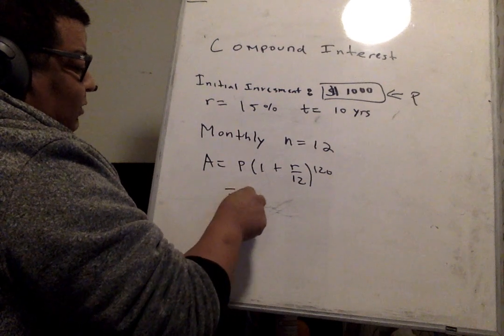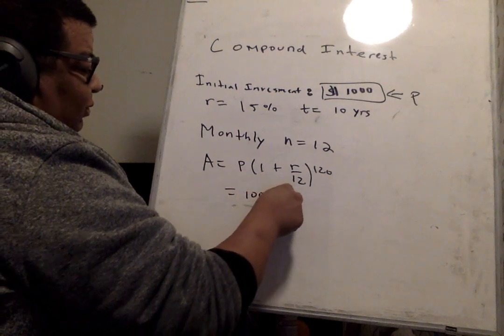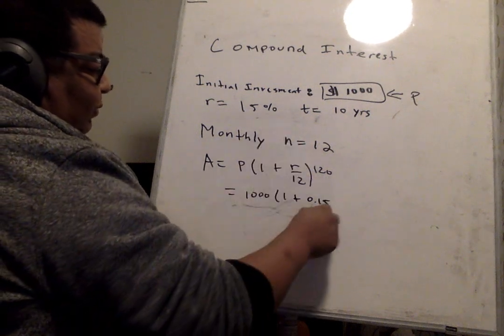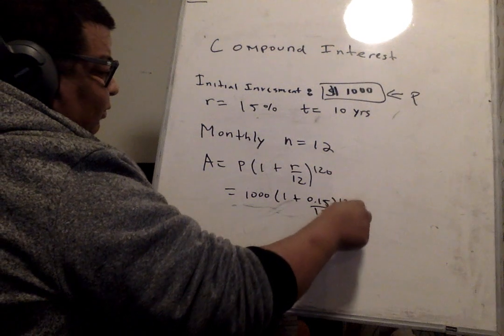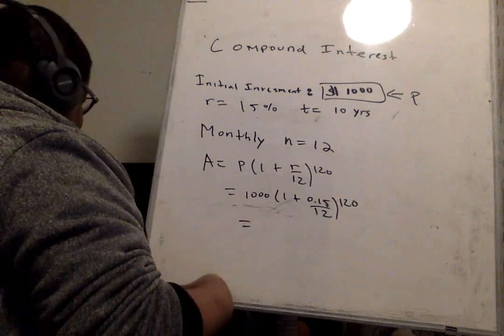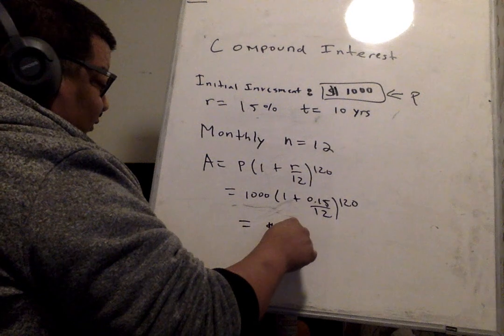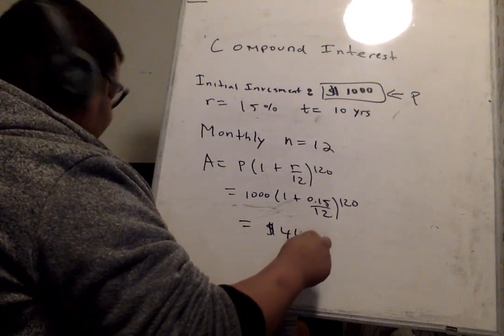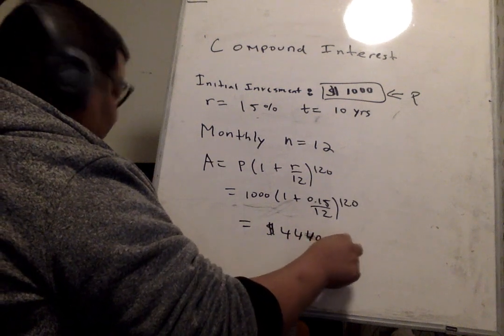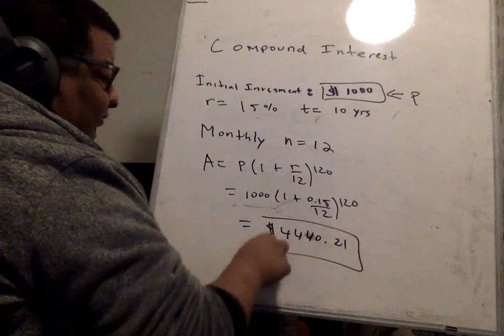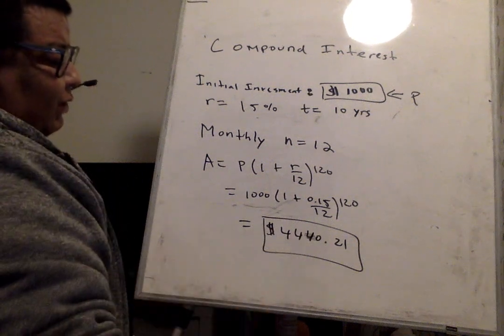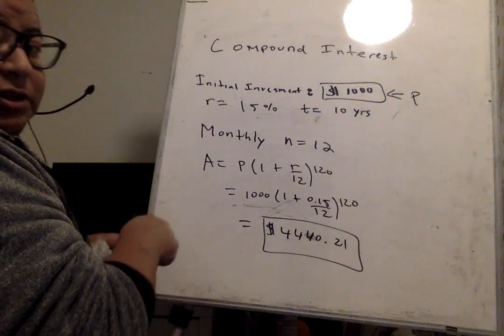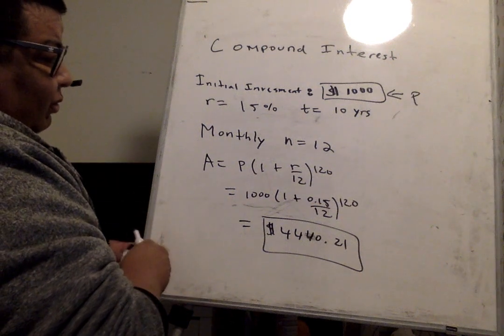Okay, then that's gonna equal 1,000(1 + 0.15/12)^120, where 0.15 is your rate. That comes out to $4,440.21. Notice here again it increased because we compounded more times, 12 times actually, during the year.